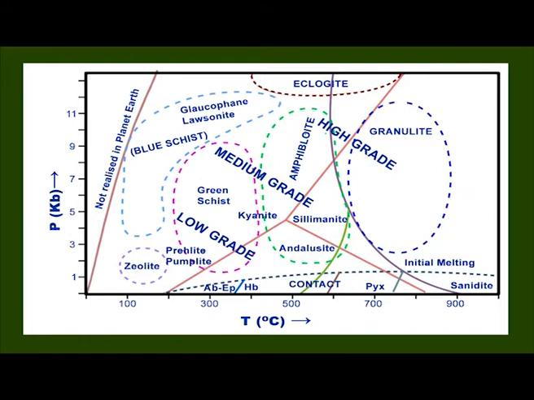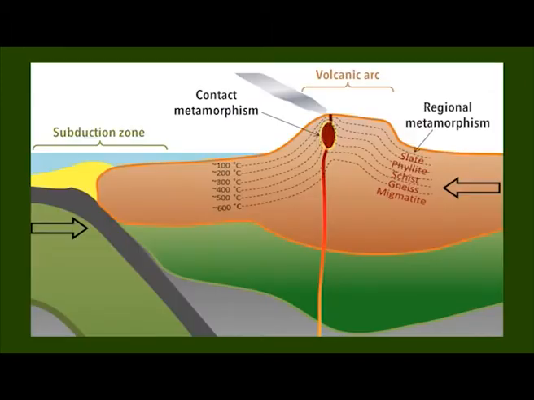In converging plate margins, regional metamorphism occupies thousands of square kilometers, commonly in Precambrian shields. Regional metamorphism develops in orogenic belts where lithospheric plates converged.